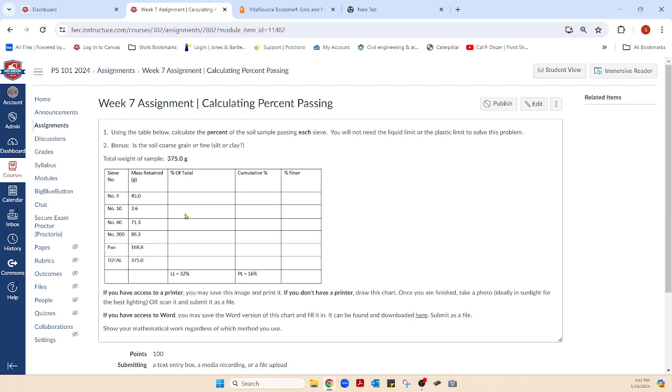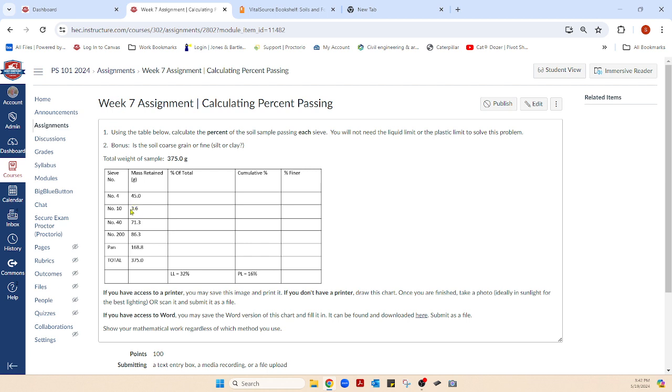Just remember, every time it's the mass retained divided by the total mass times 100 is your percent, and then you take that percent and add it to the previous percent, which in this case is nothing, and put it over here.